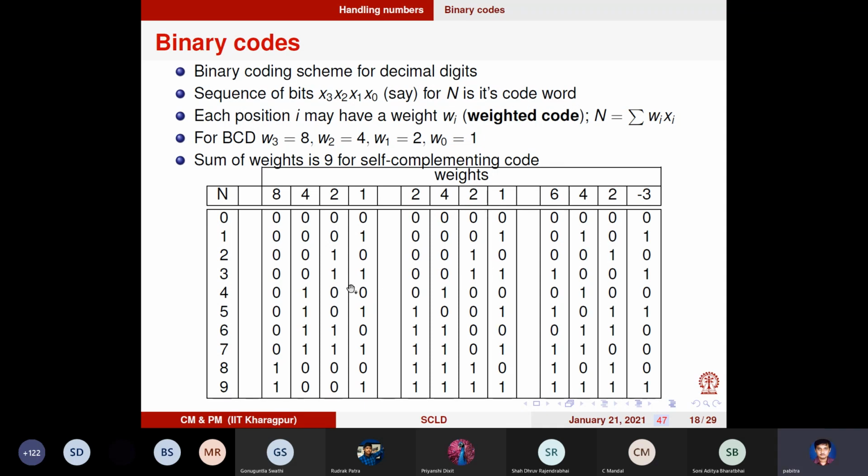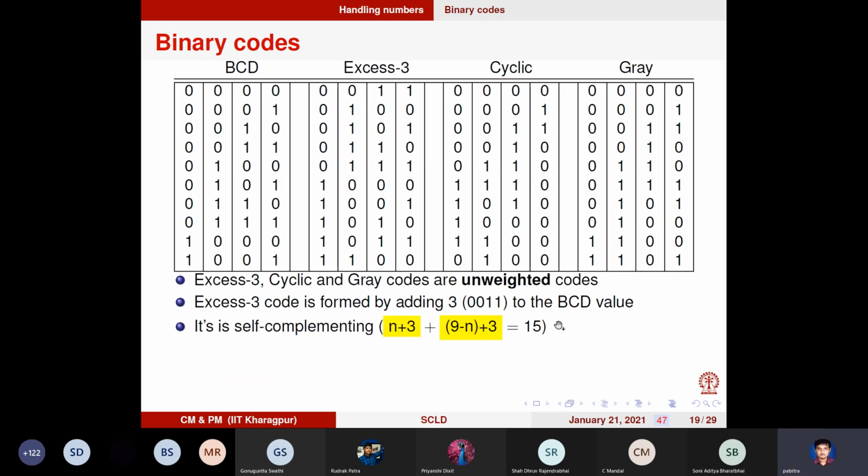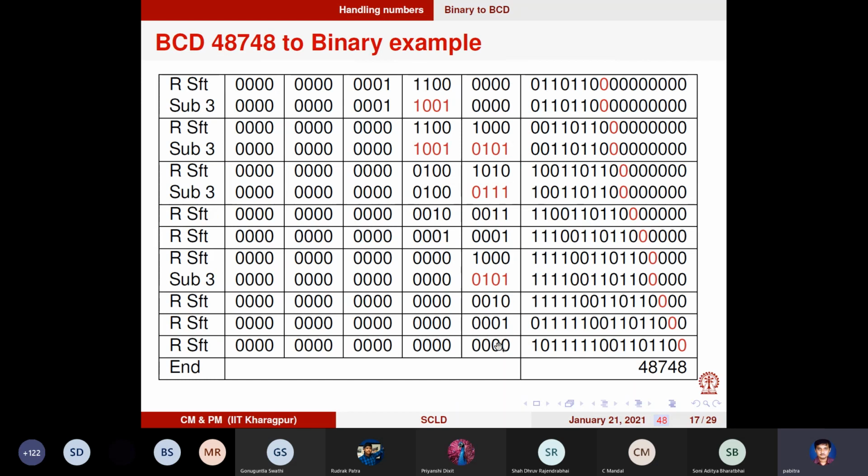So what is a self-complementing code? If you take a decimal number and take its complement, and you add these two, you will get 9.